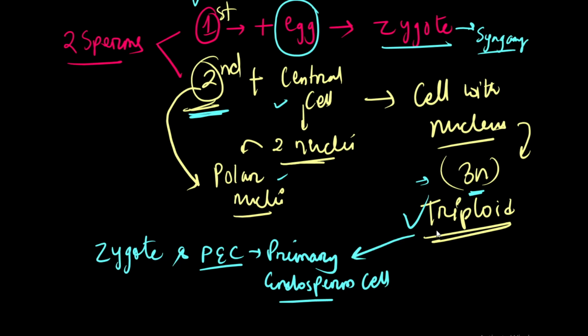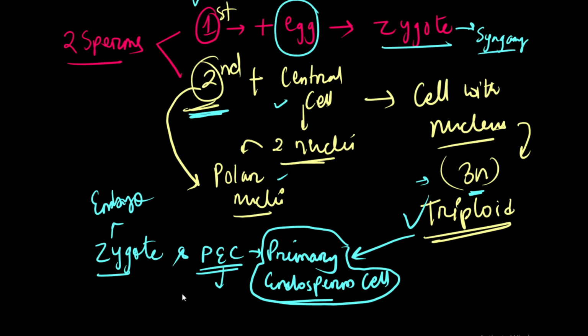After fertilization, the zygote and PEC survive, and the rest of the cells degenerate. As a result, the zygote develops into the embryo, and the PEC develops into the endosperm. The main role of the endosperm is to provide nutrition to the developing embryo. So that is what the next step would be.